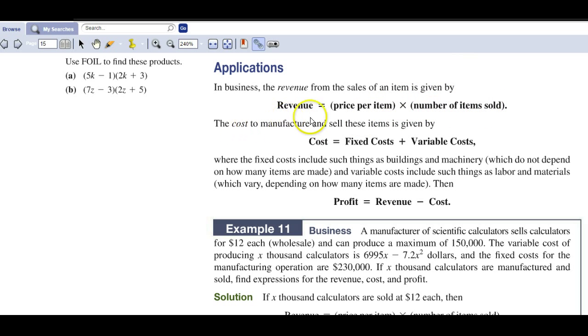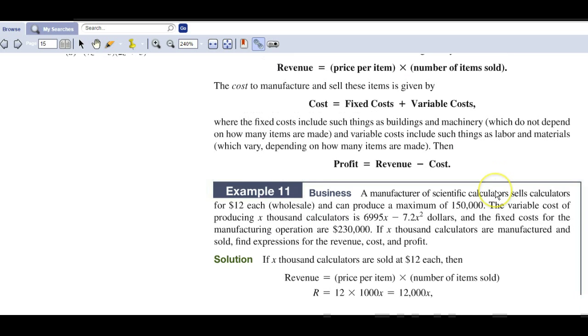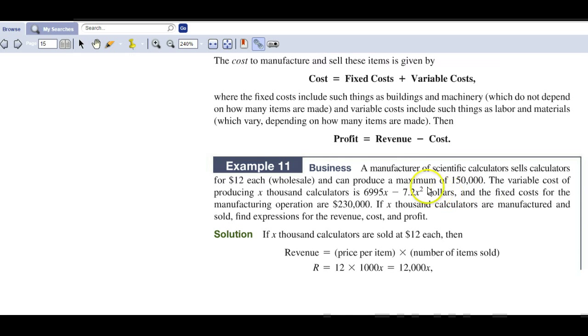The cost to manufacture and sell these items are given by the cost is equal to the fixed cost, and they define that down here, and the variable cost. And then we have profit is equal to revenue minus the cost. So here they give us a particular example that you will read through. They're describing everything in detail.